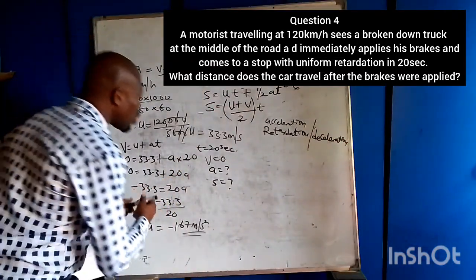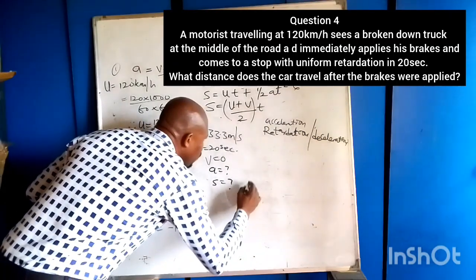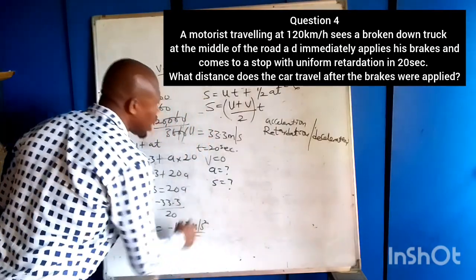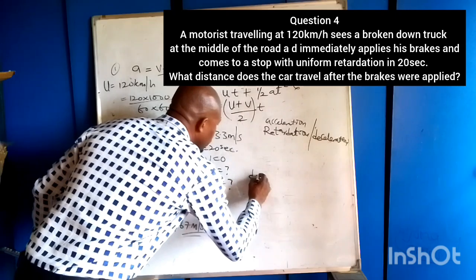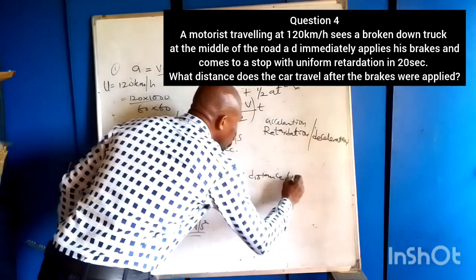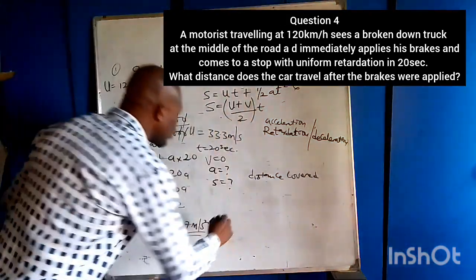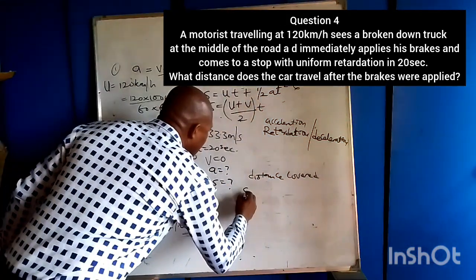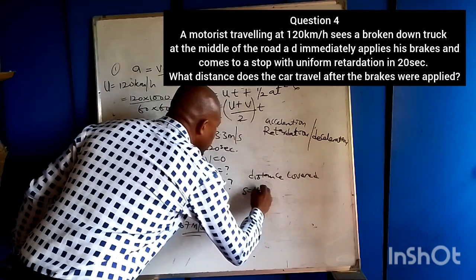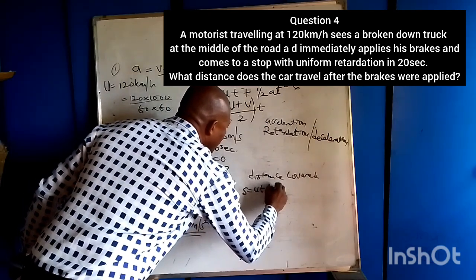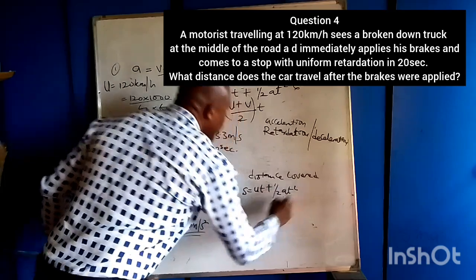So what we are looking for now is our distance covered after the brakes were applied. We now have S is equal to UT plus half AT squared.